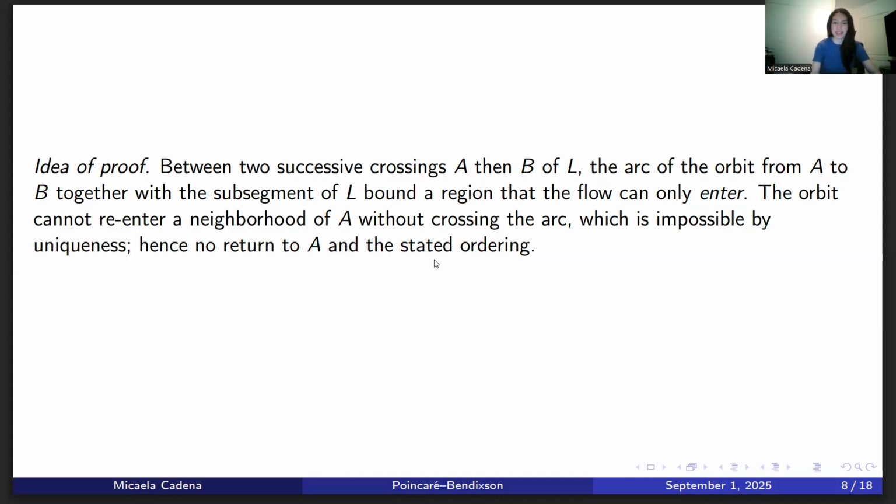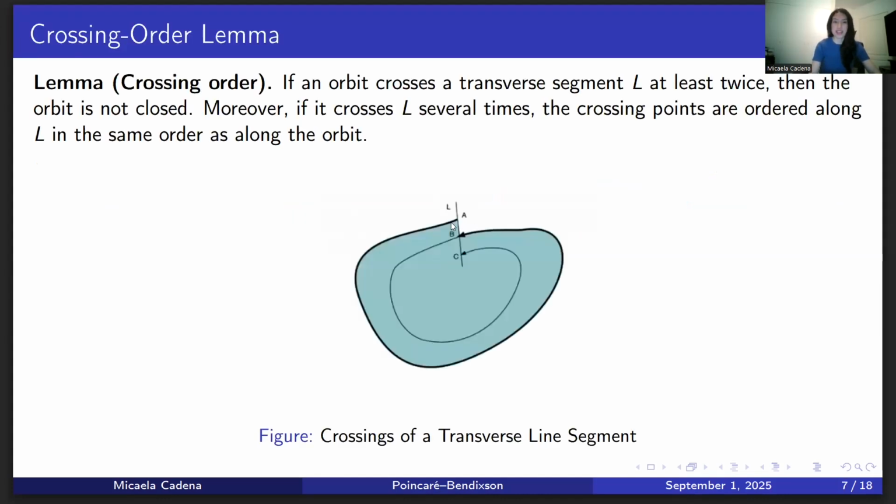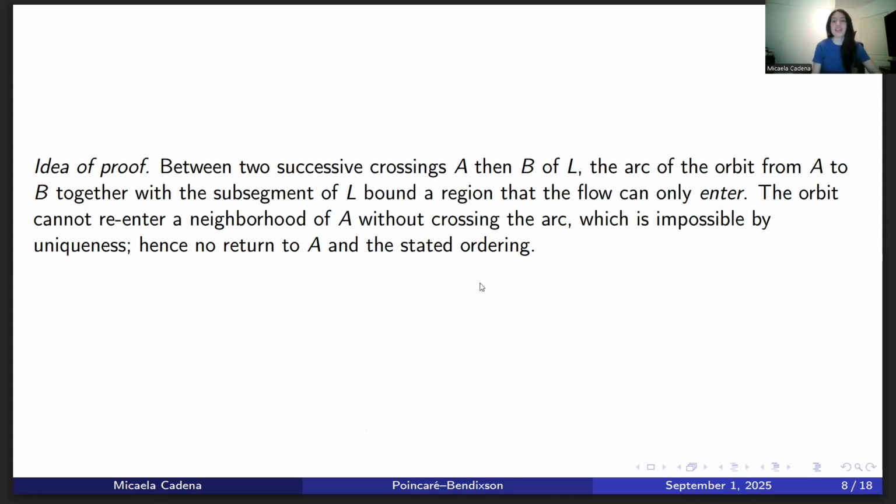In the case of the image, it is a clockwise sense. It will continue with that sense. Okay? It can only enter. The orbit cannot re-enter a neighborhood of A without crossing the arc, which is impossible by uniqueness. That's what I said previously. Hence, no return to A and the stated ordering in the lemma.